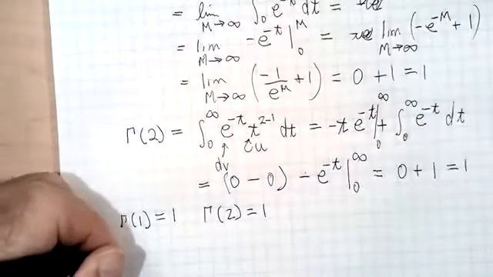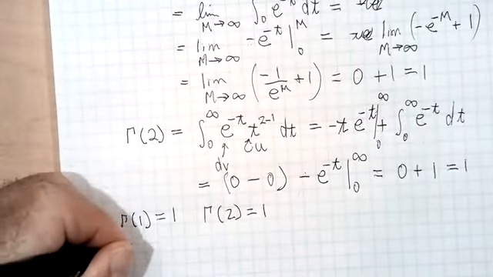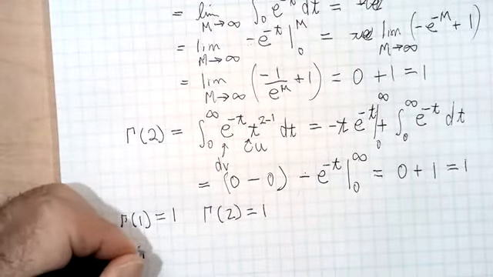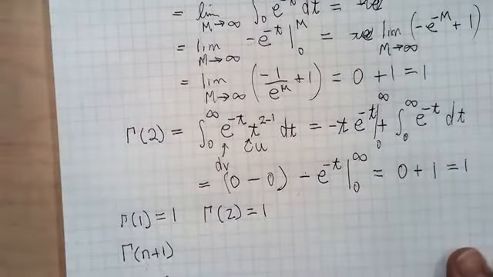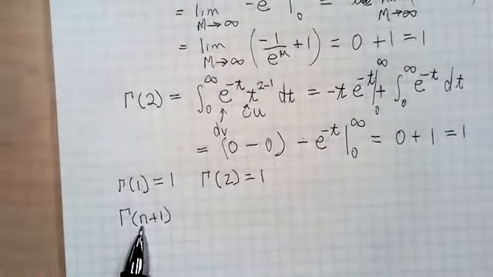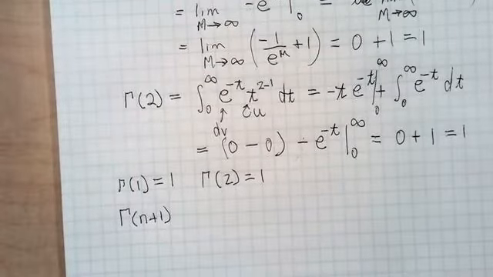And some people will probably be more comfortable if I change the letters, so I will in this case. Gamma n plus 1. But when I'm writing n here, I don't mean to imply that this has to be an integer. It doesn't. It could be like 3.7 or square root of 2 or pi, some such thing.